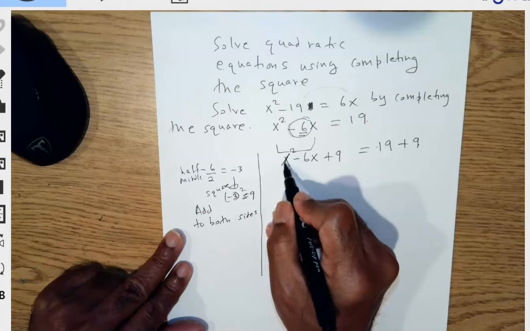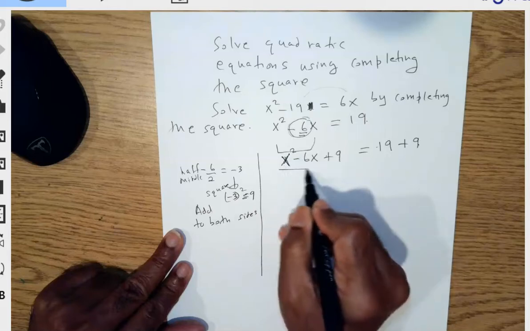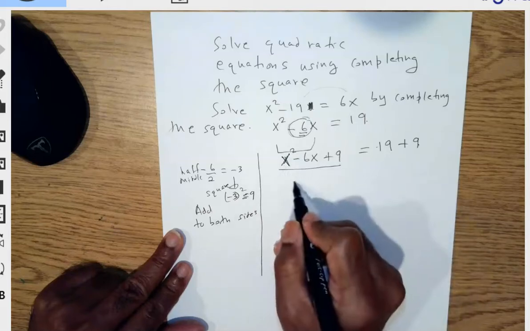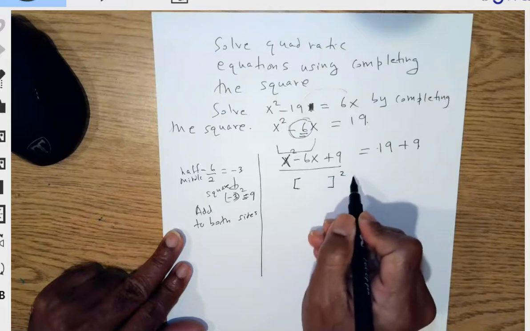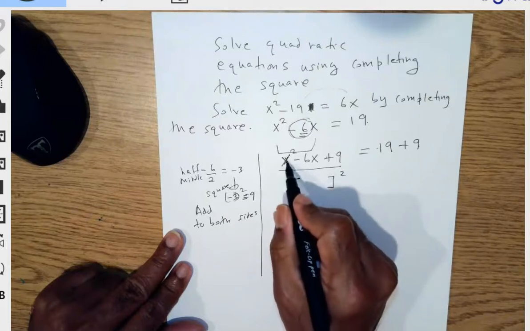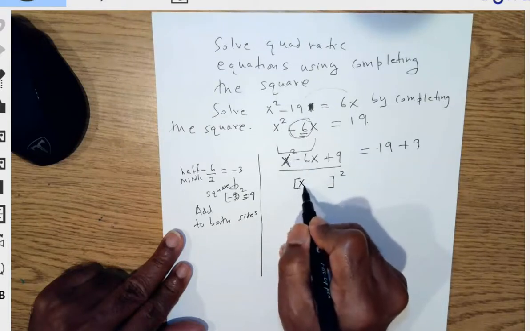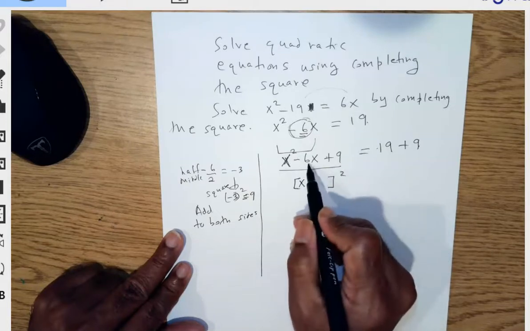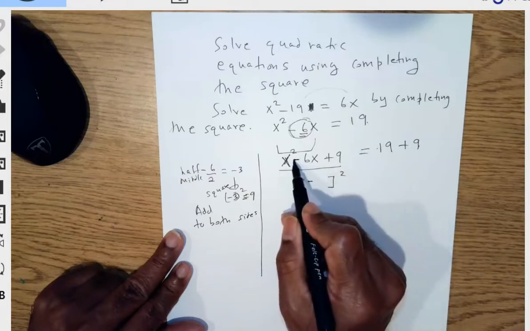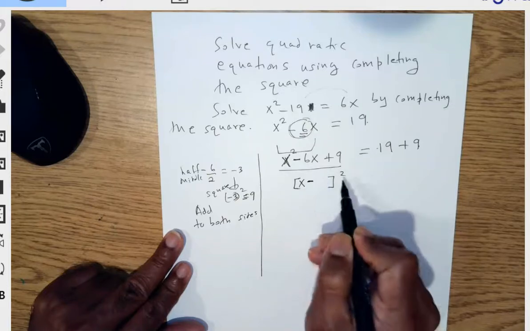So this side is now, if you see these three pieces here on the left-hand side, that is actually a square, right? Because you can see the square of the first term. So to get the first term, you put x, that is x squared, and then by looking at the sign of the middle term, you know it has to be a minus sign.